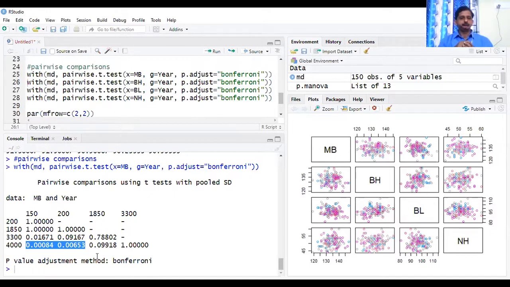That is, the average breadth of the skull varied from 4000 BC to 150 AD and 4000 BC to 200 AD. What does it mean? That in the duration of 4000 BC, 3300 BC, 1850 BCE, these three generations, there is no noticeable change with respect to the breadth of the skull. The significance is noticed from 2000 BC onwards.